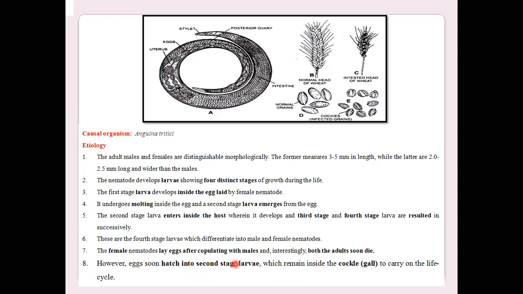Only eggs containing nematodes are present, and these larvae hatch directly from the eggs into second stage larvae, which remain inside the cockles or galls. These larvae are present within the infected seeds or galls, and so they carry on the life cycle.